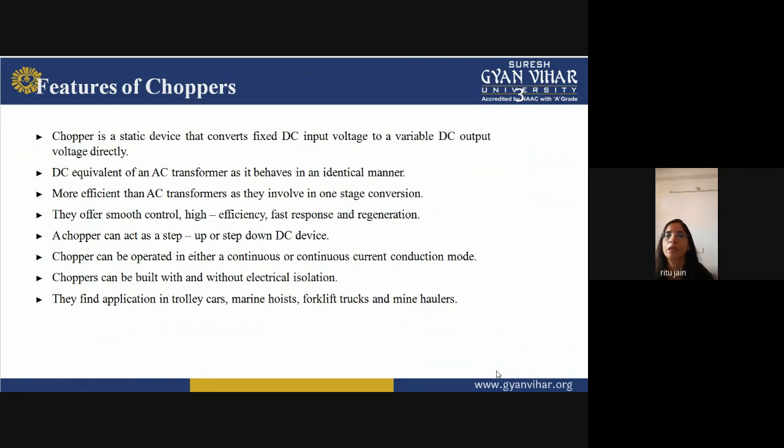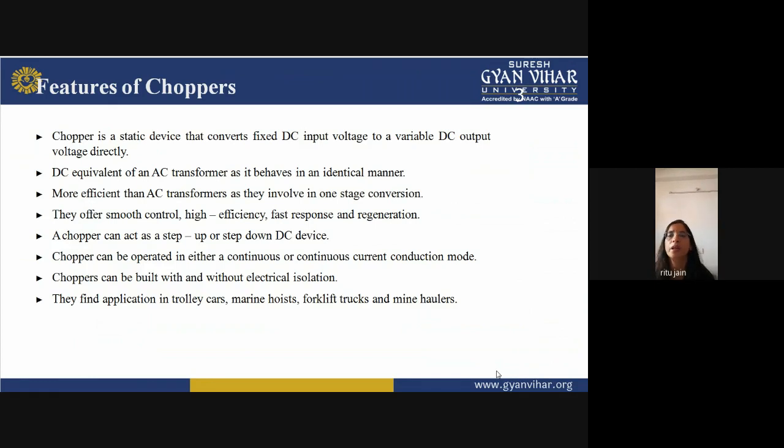So it's like an AC transformer, which works as a DC transformer in DC. It is more efficient than an AC transformer as it involves one stage conversion. Actually, it offers smooth control, high efficiency, fast response, and regeneration. We will discuss these points in our next slide.